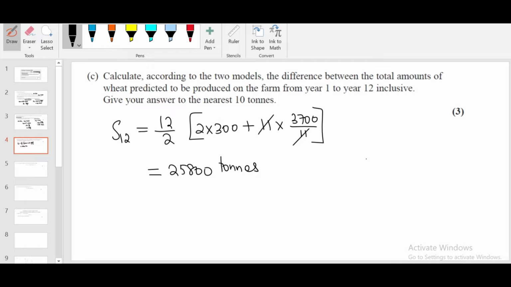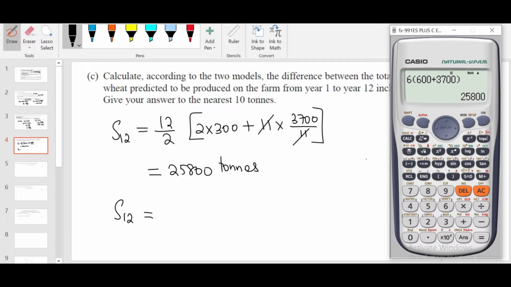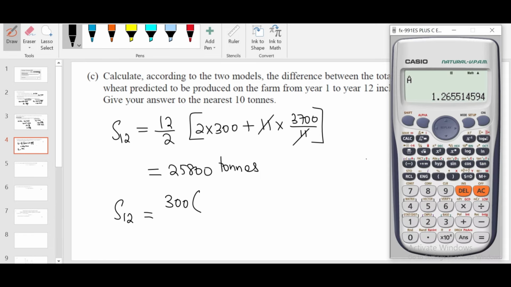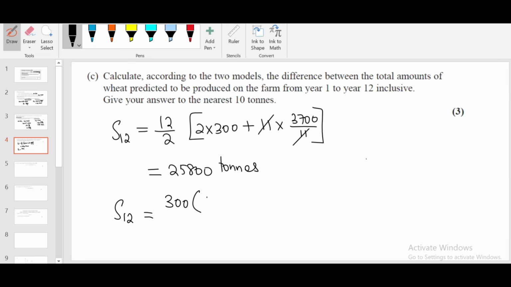using model A. For model B now, since it's a geometric sequence, we need to use the formula for the geometric sequence sum. The value of the common ratio, we calculated it. It's more than 1, so you need to use this formula: a times (r to the power n minus 1) divided by (r minus 1). r is basically 1.26 and so on.